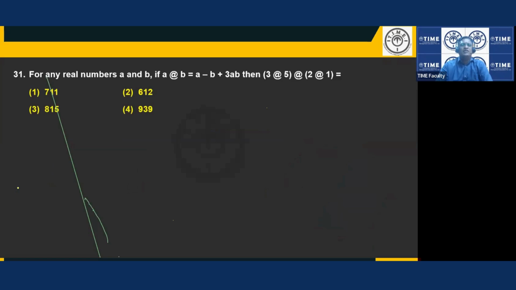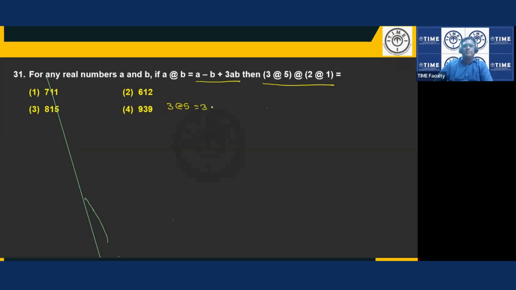For any real numbers A and B, if A at the rate B is equal to A minus B plus 3AB, then find 3 at the rate 5 at the rate 2 at the rate 1. First of all, 3 at the rate 5, let us substitute in the given formula A minus B plus 3AB.